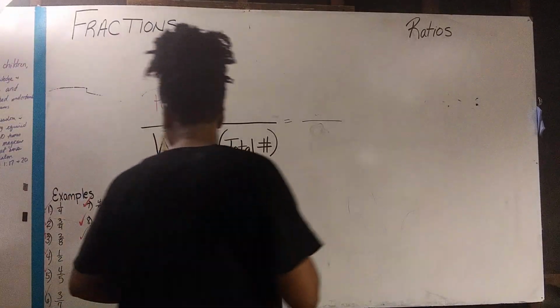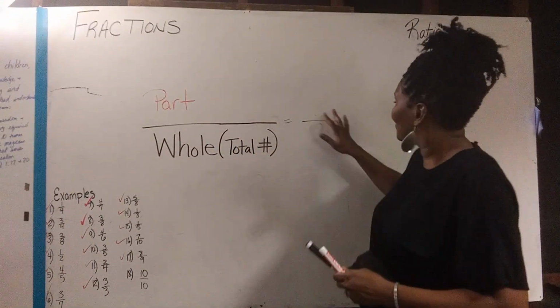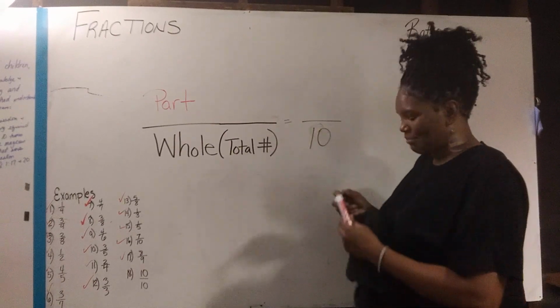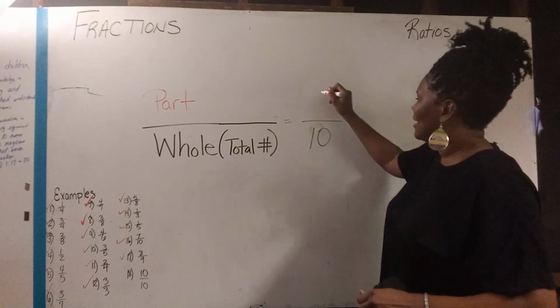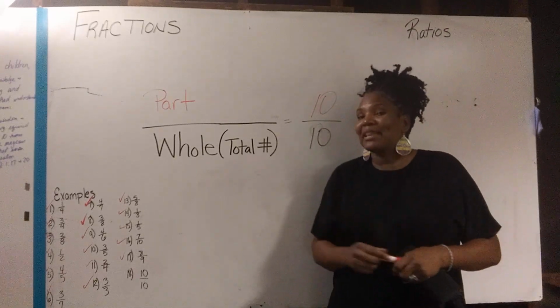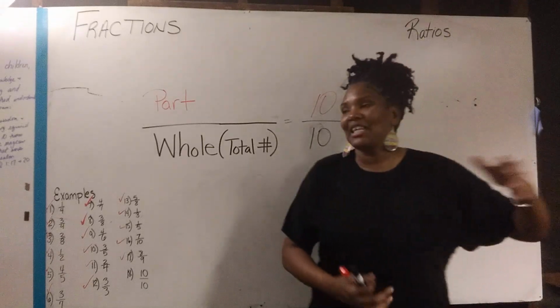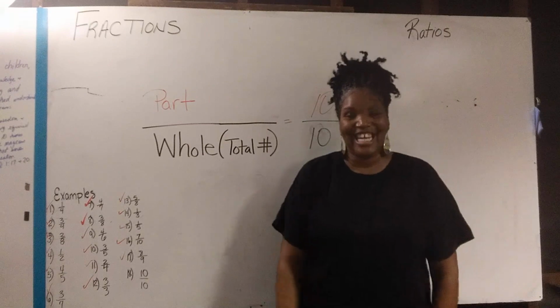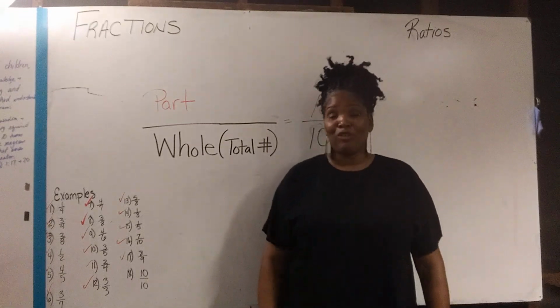All right, we got 10 tenths. Uh-oh, this is one of those special ones. We have 10 at the bottom, and we have 10 at the top. Anytime we have the same number at the bottom and the top, it is what? 1 whole. You're going to remember that because I'm making that goofy noise.